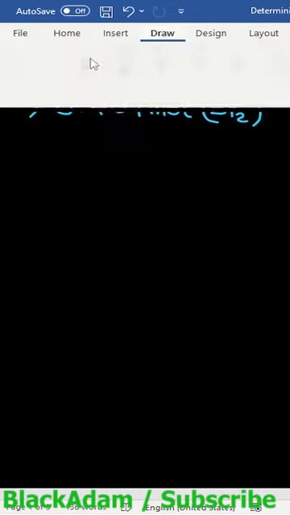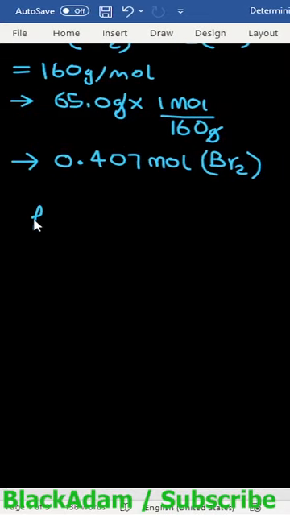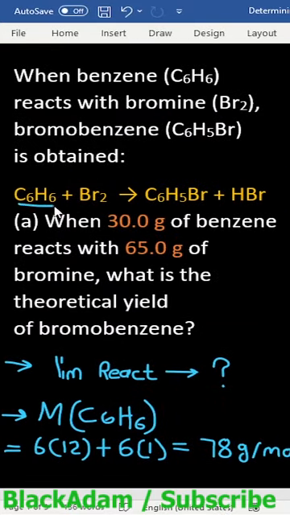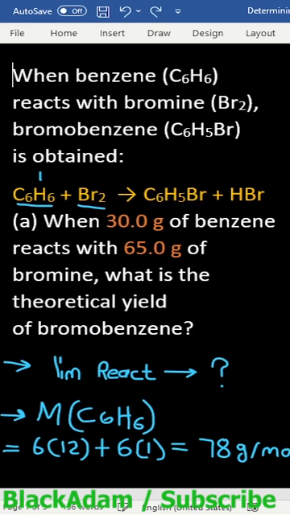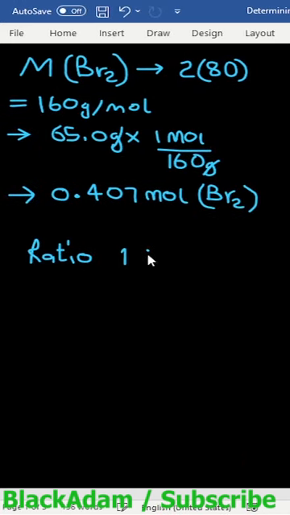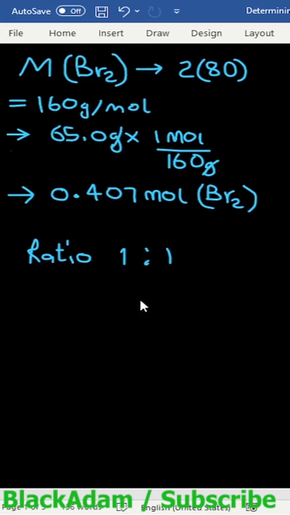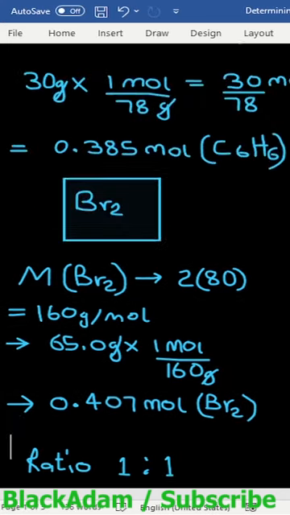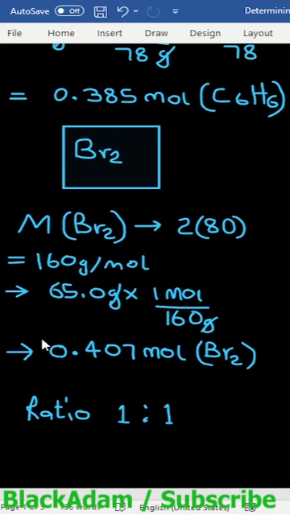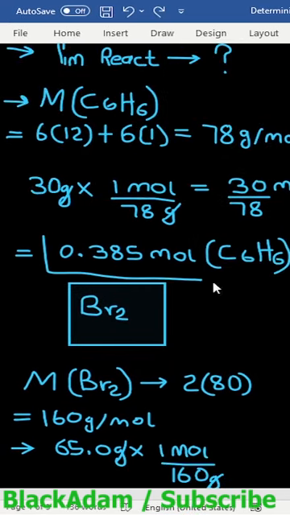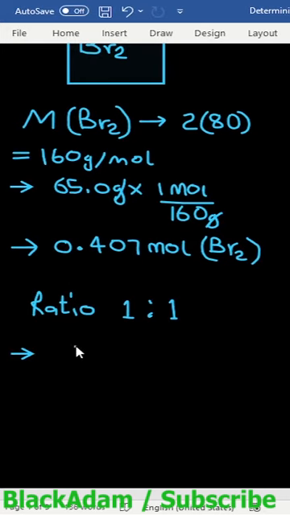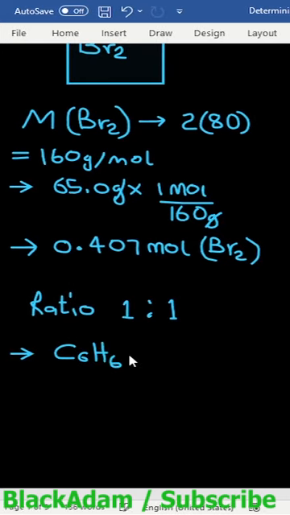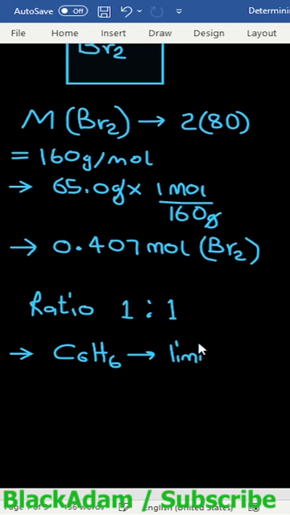So you can see that we have more bromine than benzene. Because bromine is more, the benzene is going to be our limiting reactant. The ratio is 1 to 1, and the ratio will determine which is more or less. So 1 to 1, 0.4 to 0.3, then we consider 0.385 as our limiting reactant.